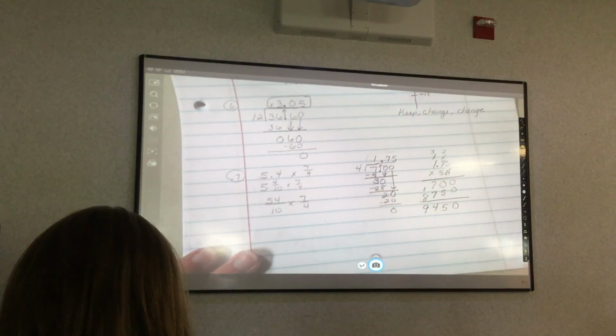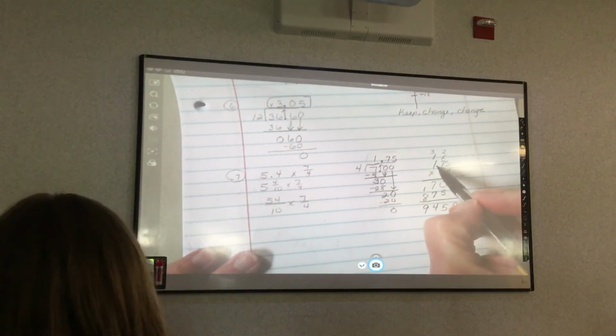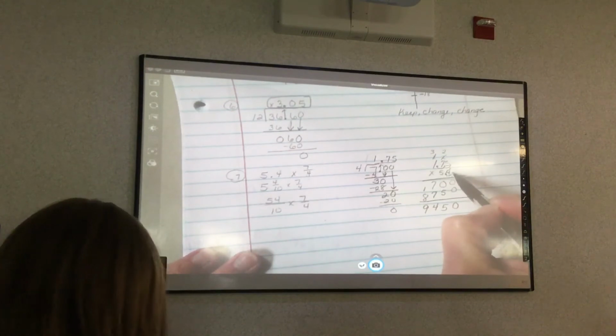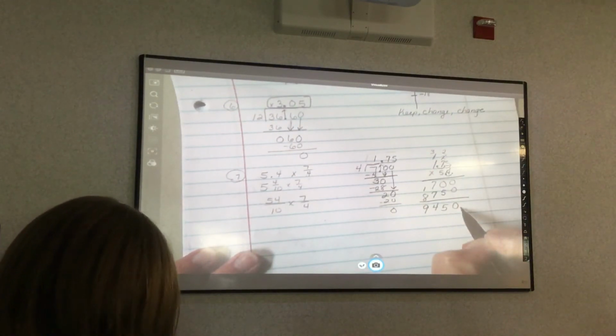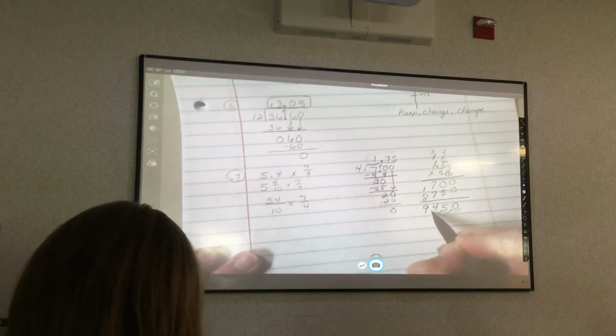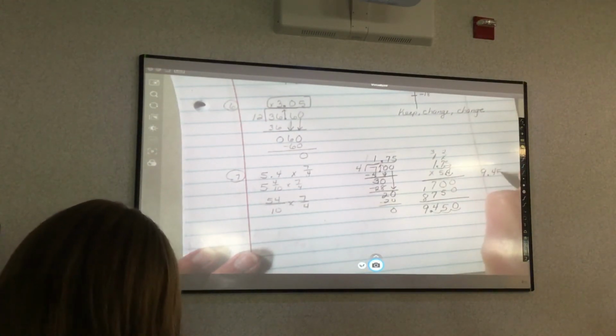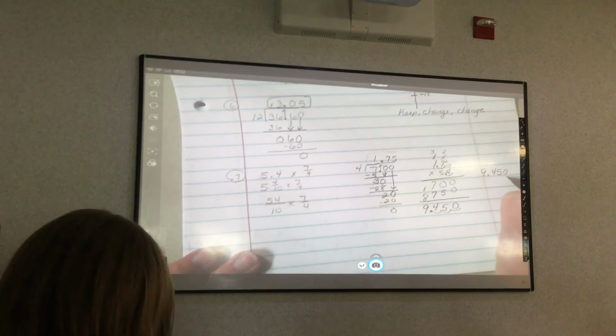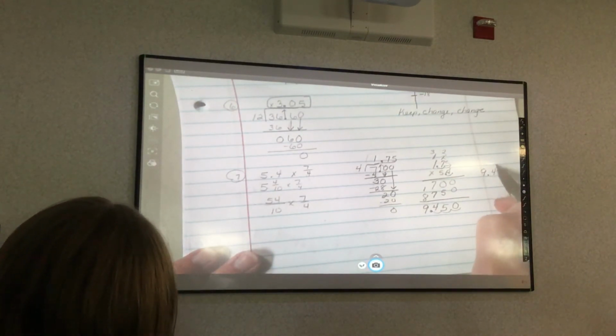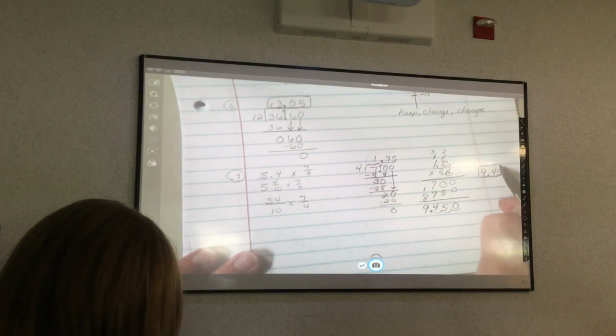And this is what they add to, but then I count my decimals. 1, 2, 3. Start on the right and come to the left. 1, 2, 3. So I have 9.450, but do I need this 0? No. So there's your final answer.